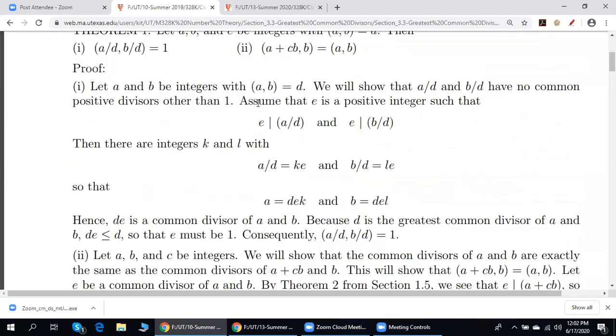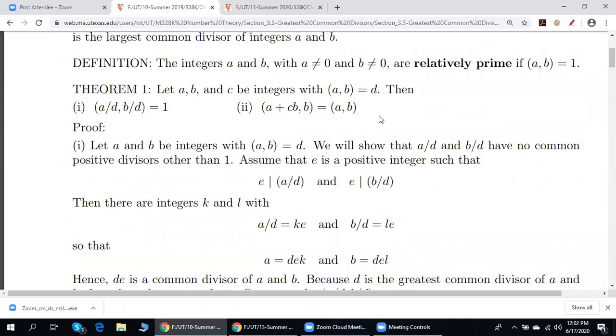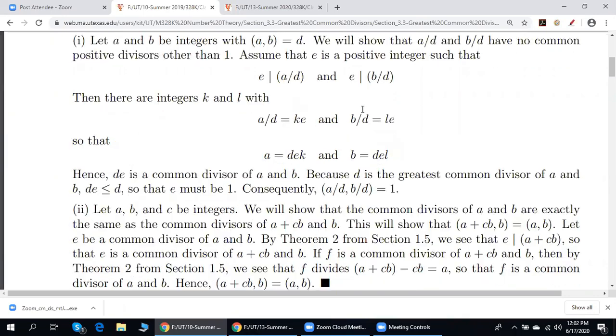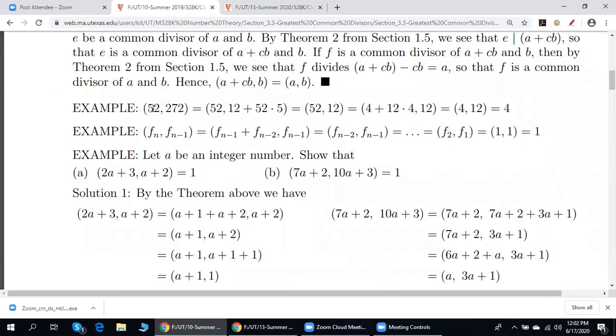All right. Now, why care about these two properties? Let me show you applications of this. Please take a look at the following example. Find the greatest common divisor of 52 and 272.